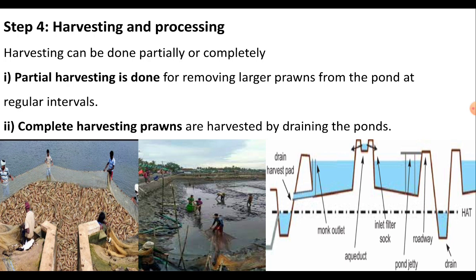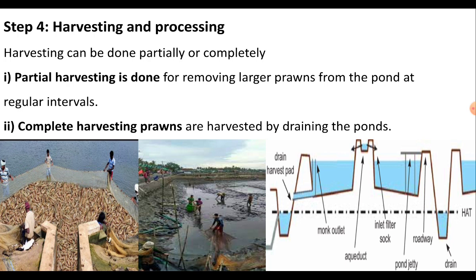Harvesting can be done partially or completely, where partial harvesting is done for removing larger prawns from the pond at regular intervals. For partial harvesting, nets are especially designed to capture only the large prawns and exclude the smaller ones.